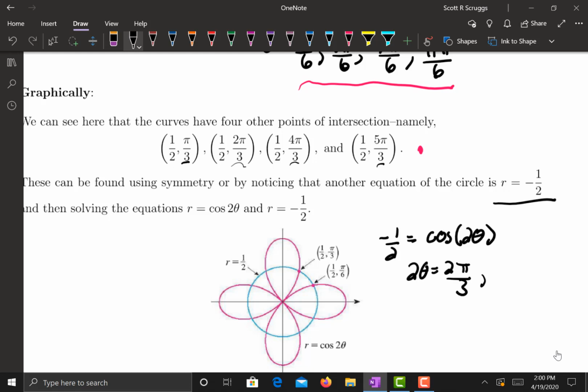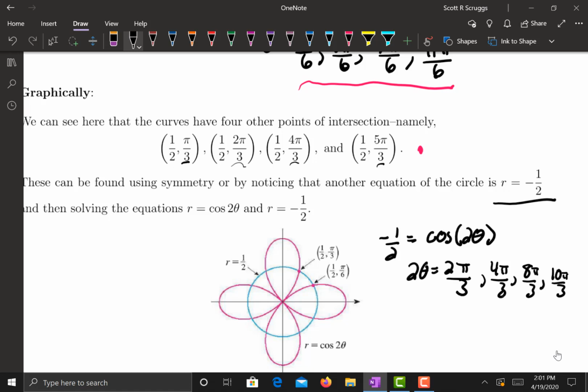Then I would have 4 pi over 3. And then, since it's -1/2, I would have 8 pi over 3 and then 10 pi over 3.